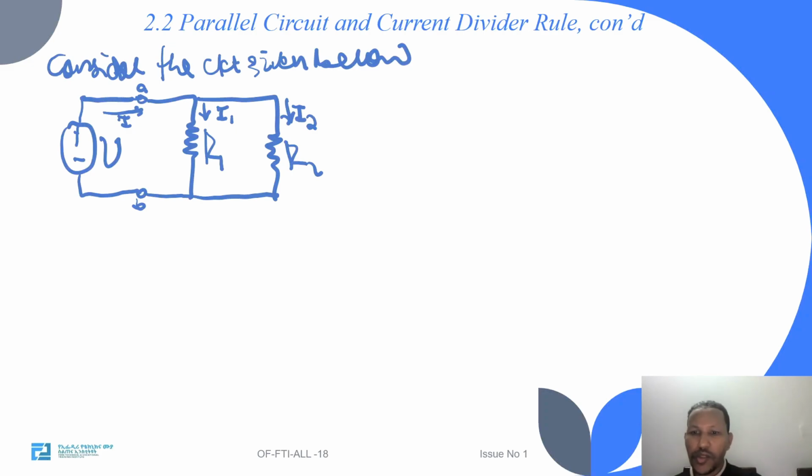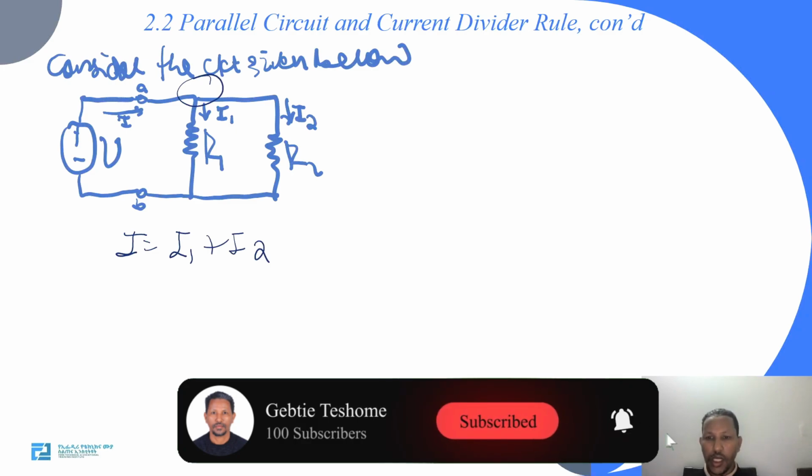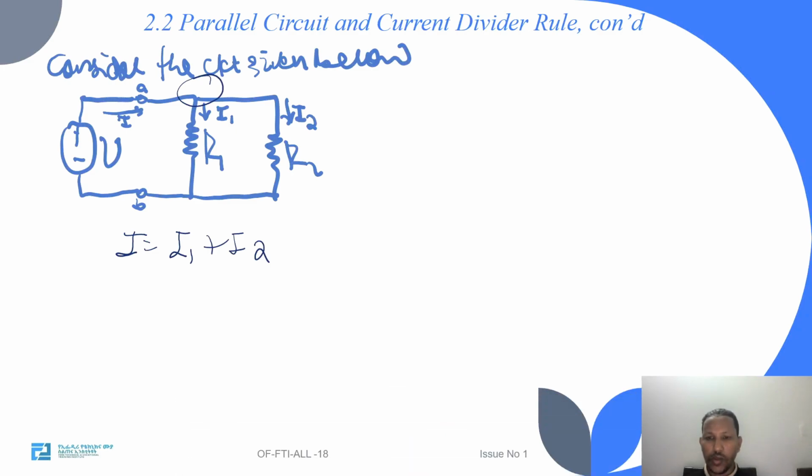As you can see here, I equals I1 plus I2. This is the total. That means if you apply KCL at this point, I is entering the node, and I1 and I2 are leaving the node. So the current entering the node is equal to the sum of the current leaving the node.